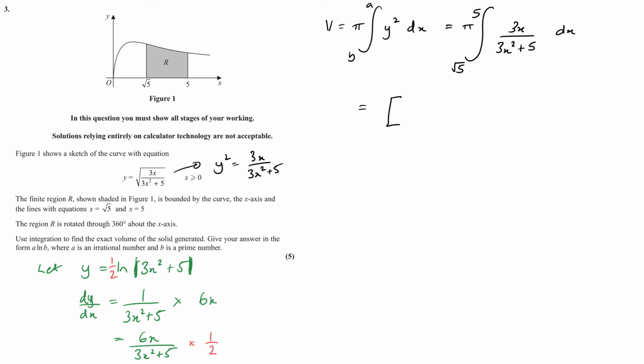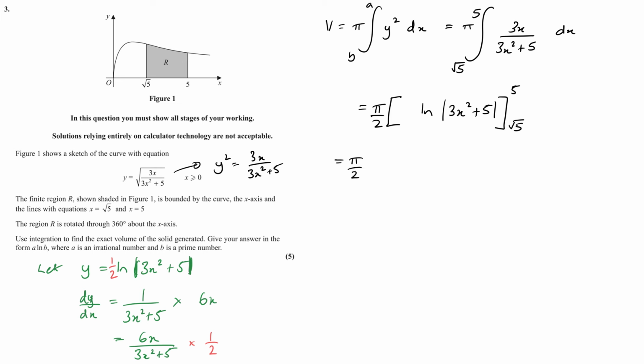So I get pi is still that, a half ln 3x squared plus 5, and then that is between 5 and root 5. Okay, and I can take the half outside if I want to, so I can leave that half outside for now.